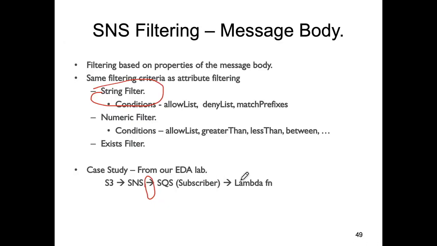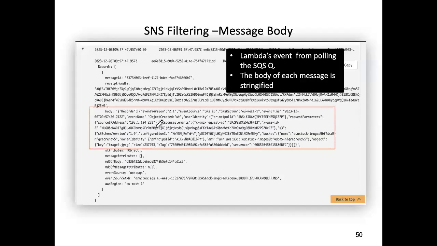I'm showing you a console log of the event that gets through to it, and buried within that event is the actual message that SNS passes into the queue. As we know now, the message body is stringified, so it has to be parsed. That's okay. But this is really the message here in the red box.